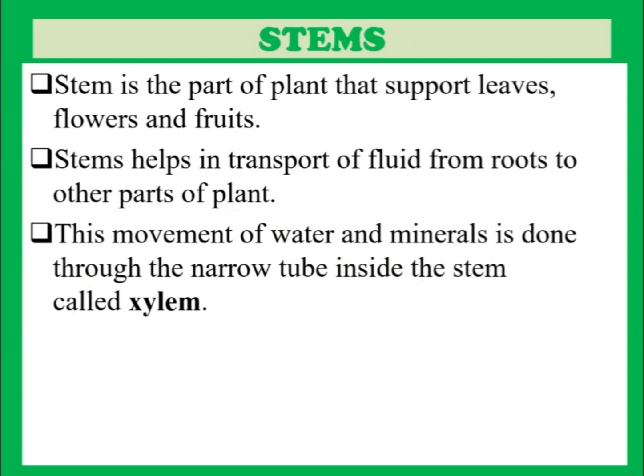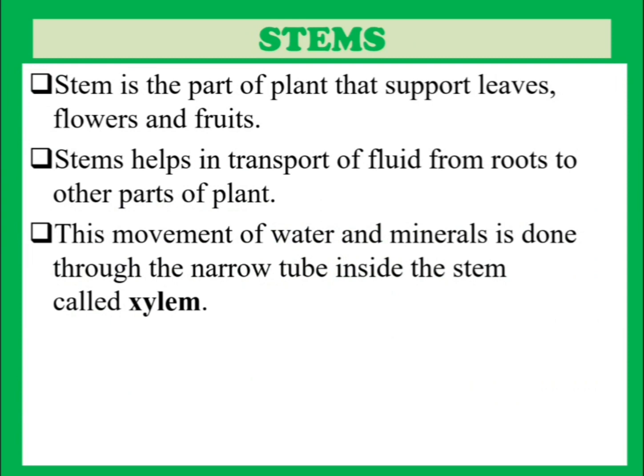It supports leaves, flowers and fruits, and the main purpose of the stem is that it helps in the conduction of water and nutrients between the root and other parts of the plant like leaves, fruits, etc. The stem helps in the transport of fluid, meaning water and also nutrients, from the roots to other parts of the plant.